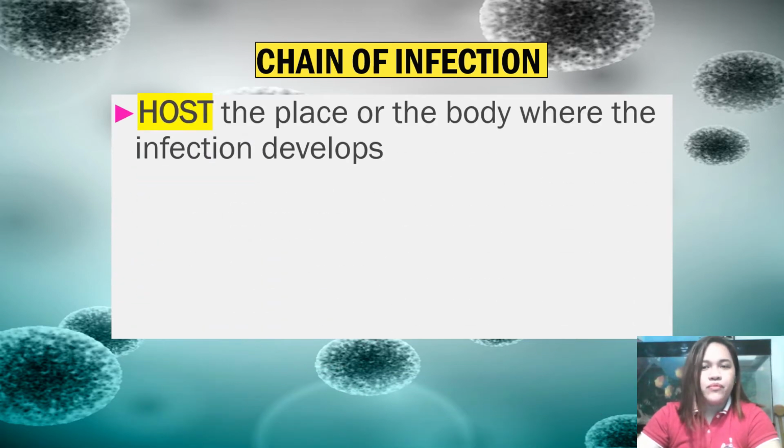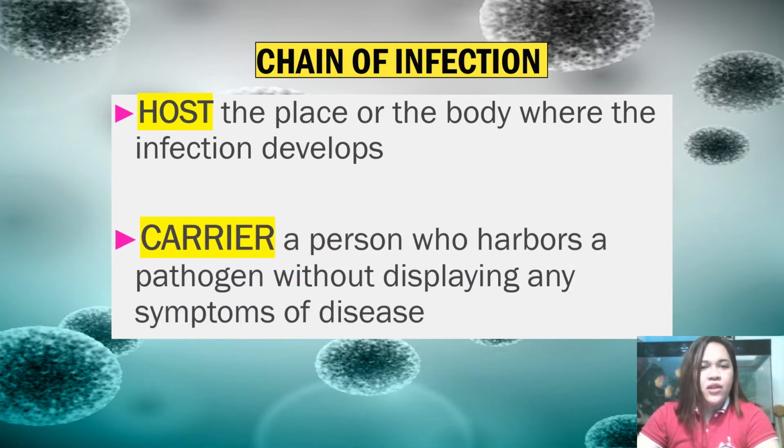In the chain of infection, we have the term host, which is the place or the body where the infection develops, and we have the carrier. The carrier is the person who harbors a pathogen without displaying any symptoms of disease. I think you have heard this somewhere, on a daily basis.